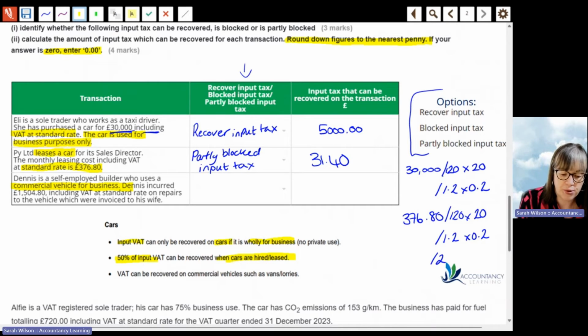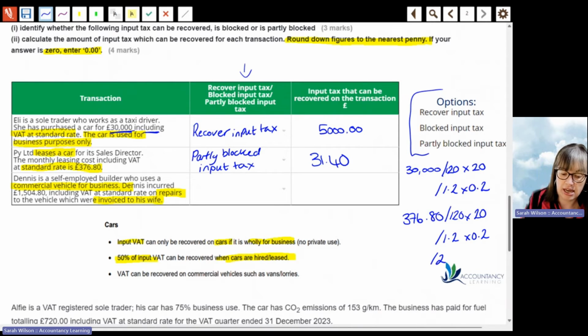However, we're talking about repairs, and importantly, that they were invoiced to his wife. So they've been invoiced to a separate person rather than him. So he's not going to be able to claim through his business that VAT because the invoice has gone to his wife.